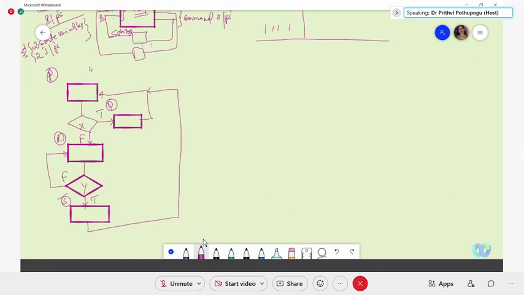So AB, if you take 0, 0, 0, 1, 1, 1, 1, 0 sort of thing. What will be the size? Here, how many test variables do you have? X, Y, 2. How many state variables? 2.